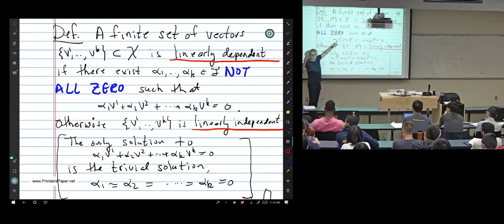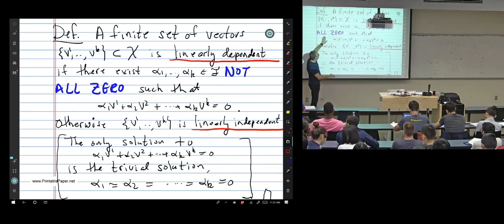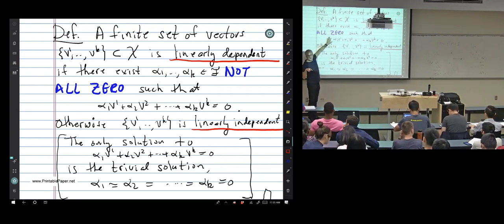The question is, is there another one? Ax equals 0, x equals 0 is always a solution to that equation, okay? If there's another solution, Ax equals 0 with x not equal to 0, we know A is not invertible. The same thing here.